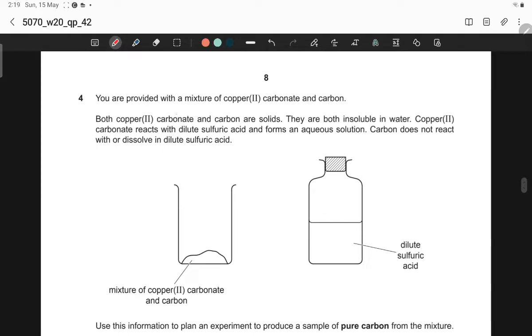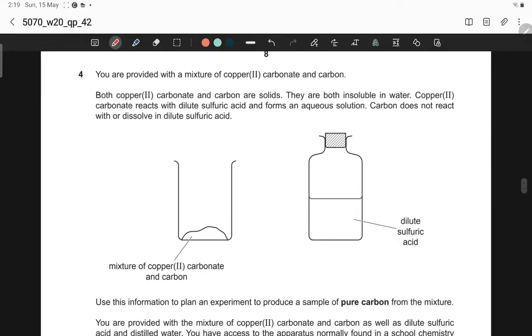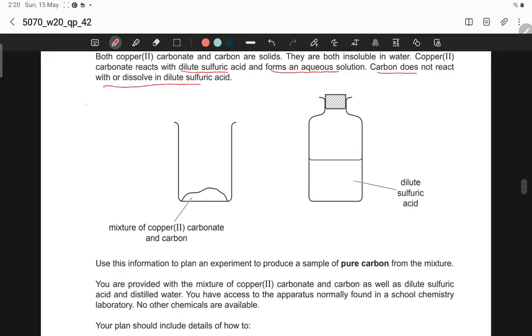Question number 4. You are provided with a mixture of copper 2 sulfate, copper 2 carbonate and carbon. Both copper 2 carbonate and carbon are solids. They are both insoluble in water. Copper 2 carbonate reacts with dilute sulfuric acid and forms an aqueous solution. Carbon does not react or dissolve in dilute sulfuric acid.